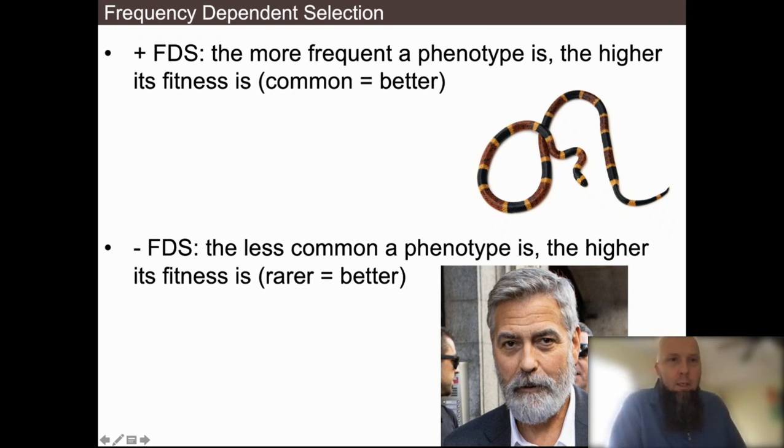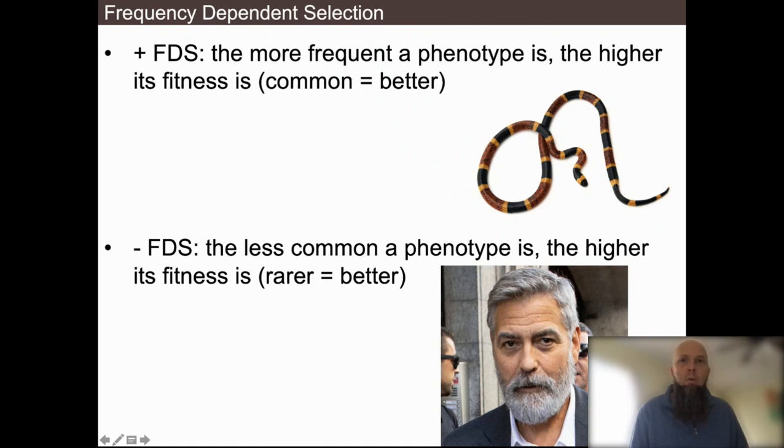If the genotype is less common in the population, then under negative frequency dependent selection, the rarer it is, the better. So positive frequency dependent selection and negative frequency dependent selection are situations where the fitness of a genotype is entirely dependent on how abundant it is in the population.